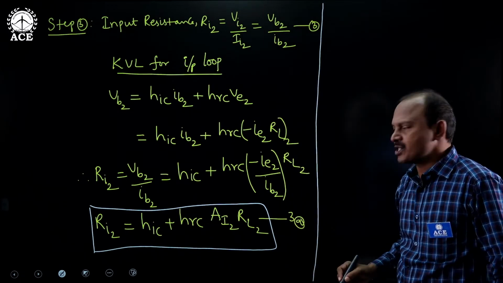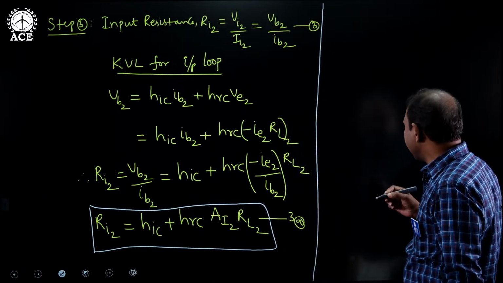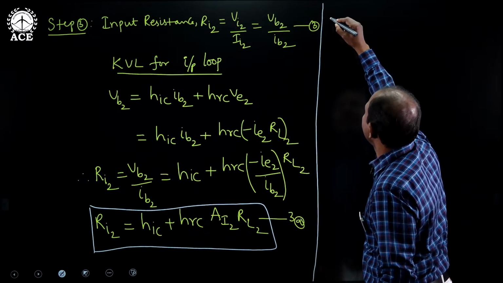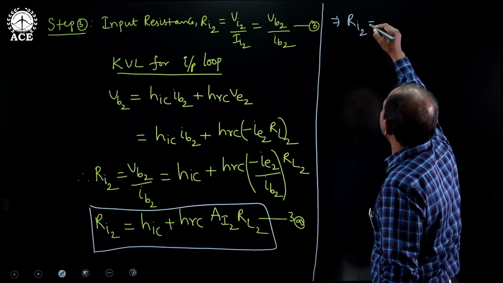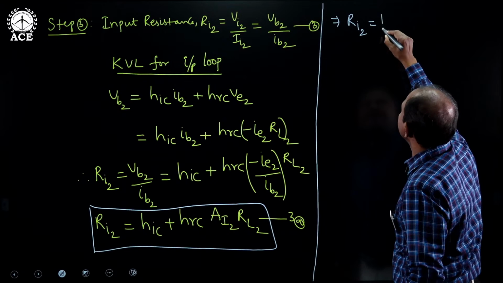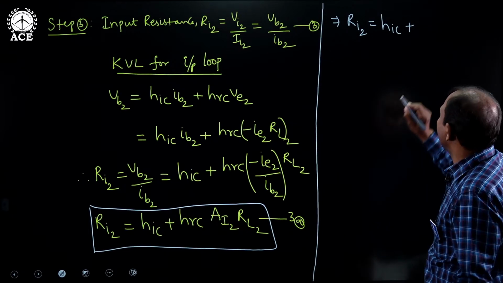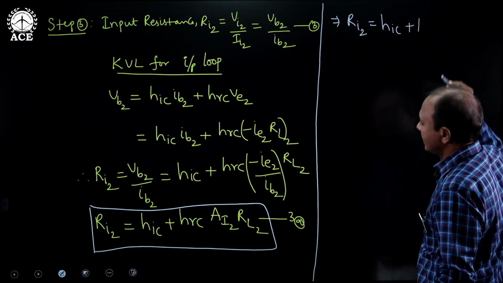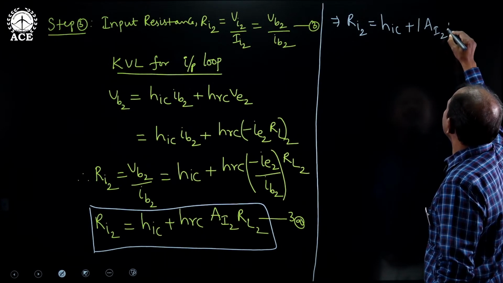According to conversion equations, HRC is 1. Therefore, I can rewrite this equation as Ri2 equal to HIC plus, of course, HRC is 1, so I am just writing it as 1 into AI2 RL2.